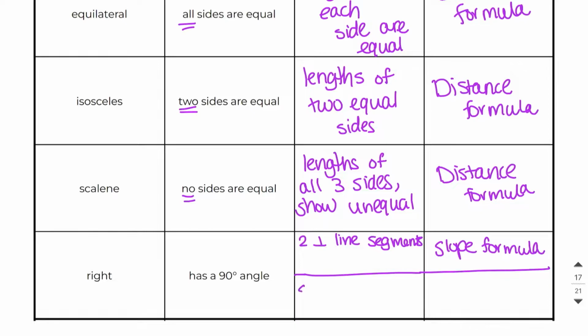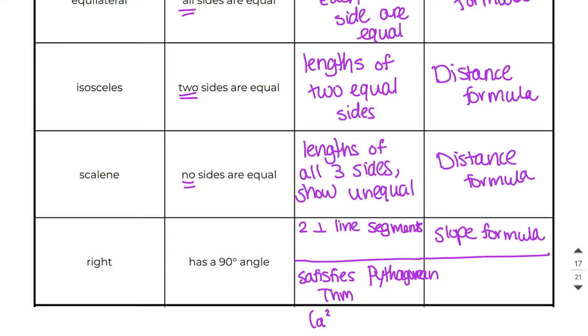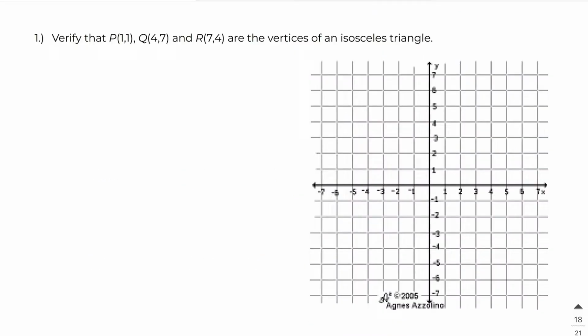Or you could show that it satisfies the Pythagorean theorem, which is a squared plus b squared equals c squared. And the only way we can do that is by calculating their lengths, which means that we would be using the distance formula.